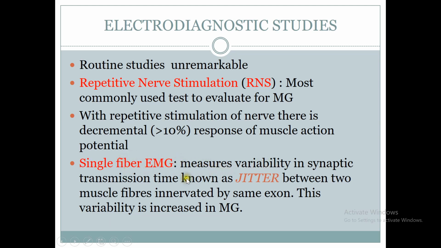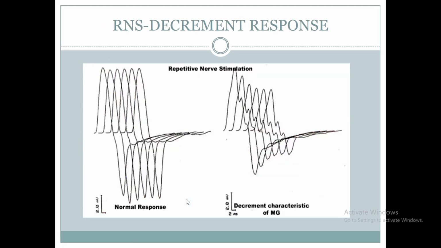It is a very sensitive test, but not so specific. It may be positive in other muscle weaknesses, like in motor neuron disease and other myopathies. To reverse its side effects, atropine should be available because it can cause very serious muscarinic side effects, for example bronchial secretions and bradycardia.